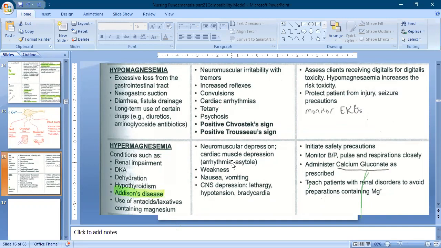For hypermagnesemia, what is the medication? Calcium gluconate. This is the question asked. Super important, every piece of information from here. And we also teach the patient with a renal disorder to avoid magnesium-containing medication.